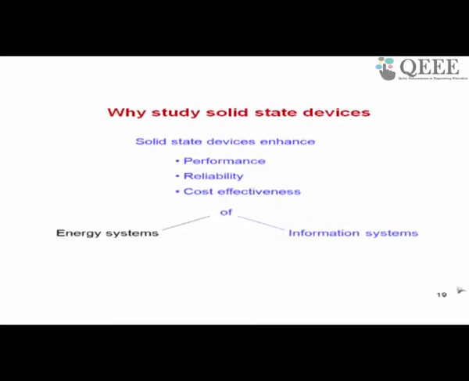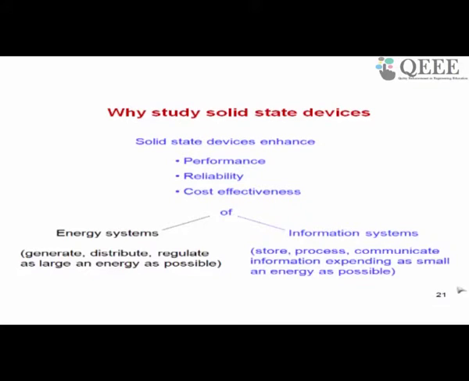All the various systems that you come across in electrical engineering can be broadly divided into two types: information systems and energy systems. Let us see what these are. Energy systems are those which generate, distribute and regulate as large energy as possible. On the other hand, information systems are those which store, process and communicate information expending as small an energy as possible.